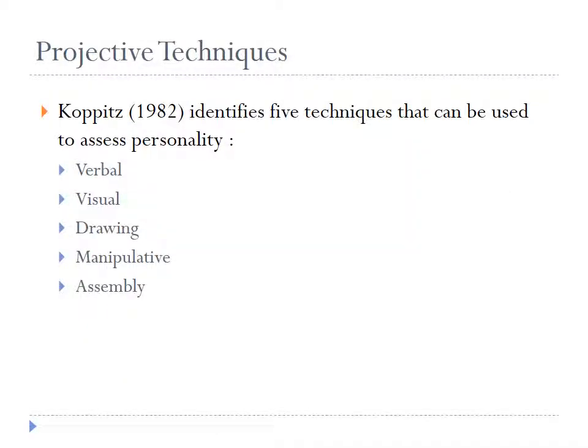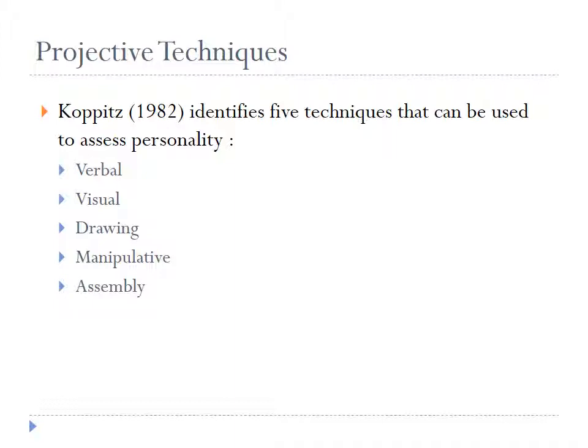If we were to take all of the various types of personality assessments that use projective testing, there would be many, many instruments from which we can choose. An earlier attempt to organize these was conducted by Koppitz. In your textbook, you will see how Koppitz identifies 5 techniques that can be used to assess personality.